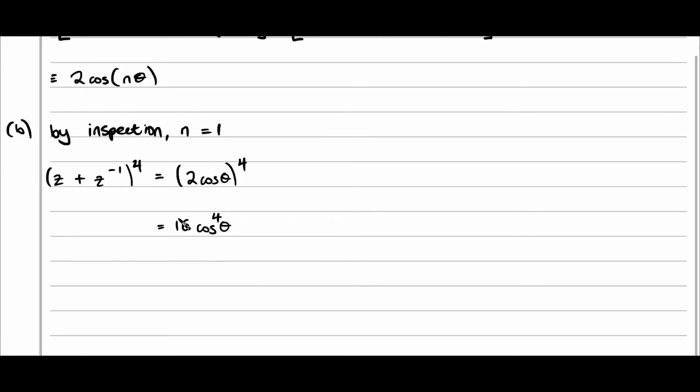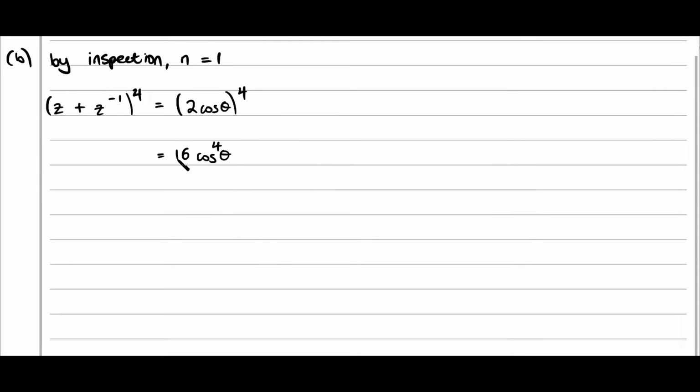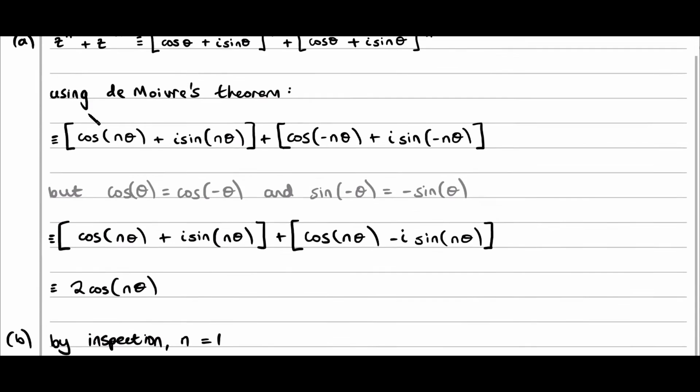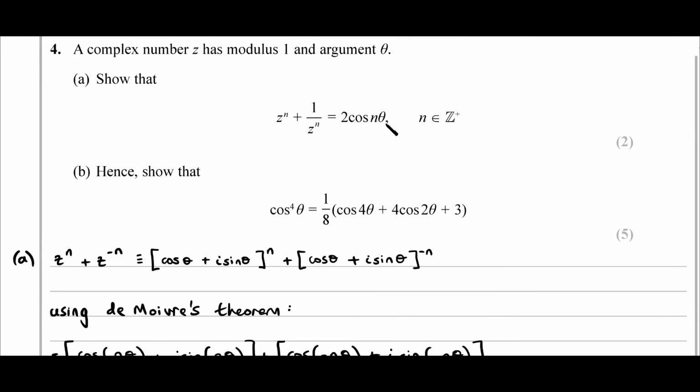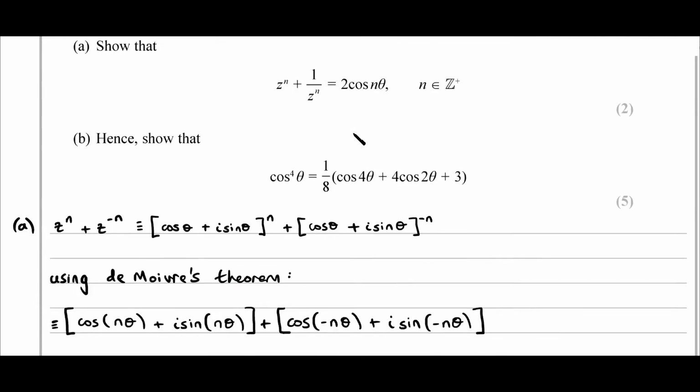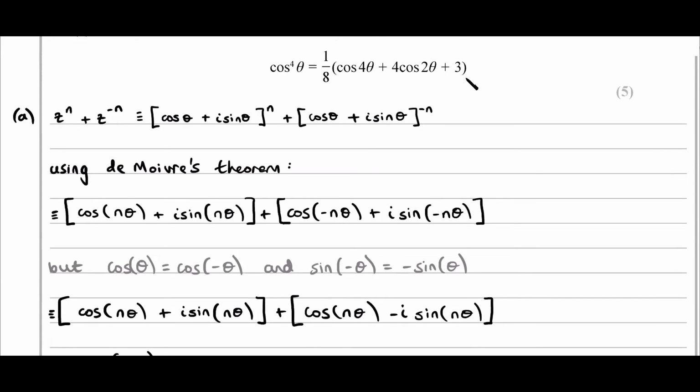And now that we know that the right hand side is equal to 16 cos theta to the power of 4, we can use the binomial expansion to simplify this, and then again apply this result over here to simplify the entire problem, and hopefully we should end up with something that looks like this.